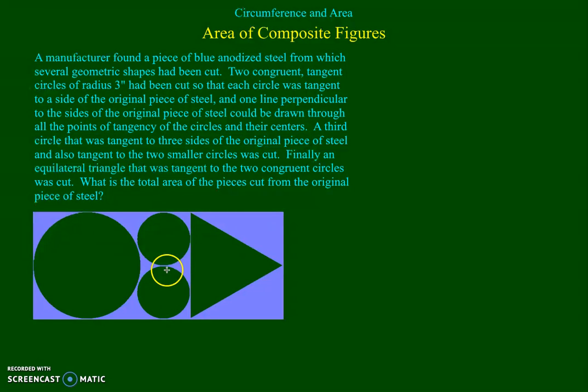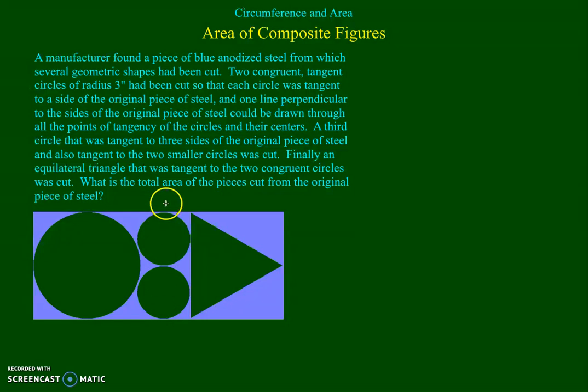And it also tells us that you could draw one line that would be perpendicular to these sides that goes through all the points of tangency and goes through the centers of the circles. So that tells us that these circles are directly on top of each other, one over the top of the other.